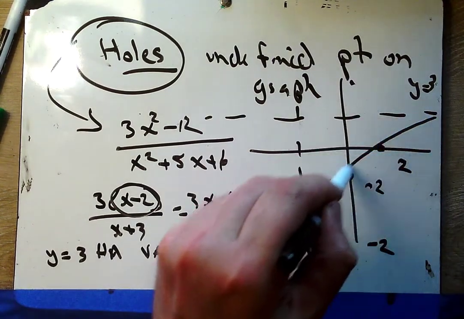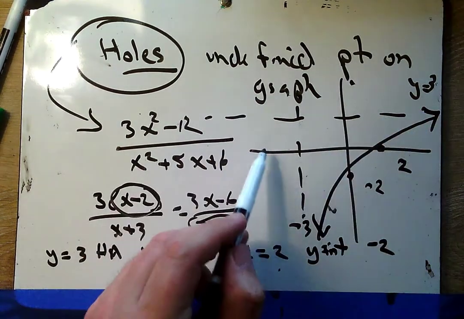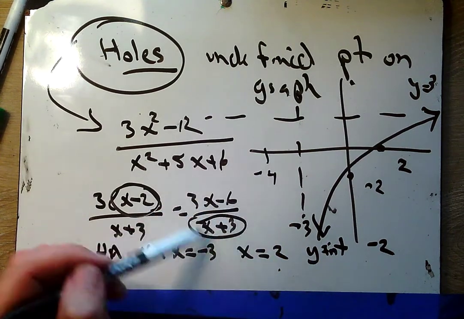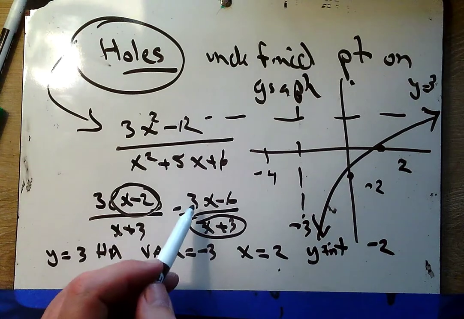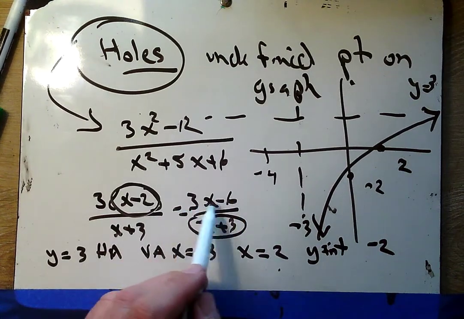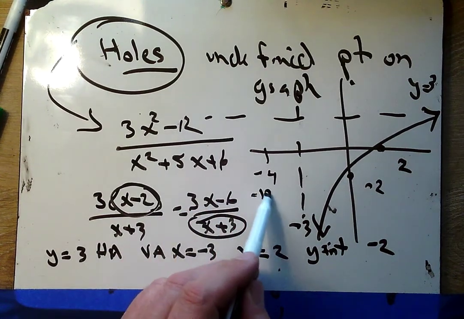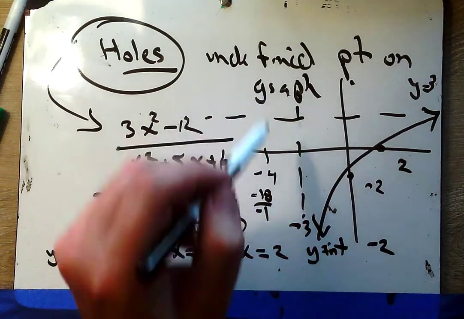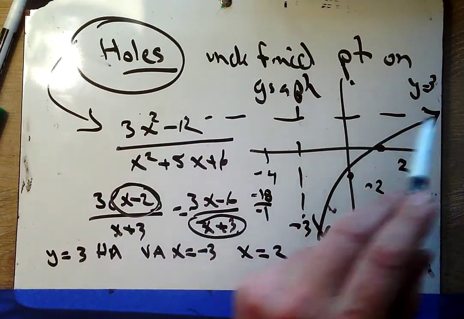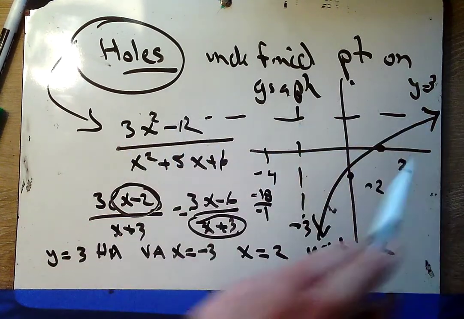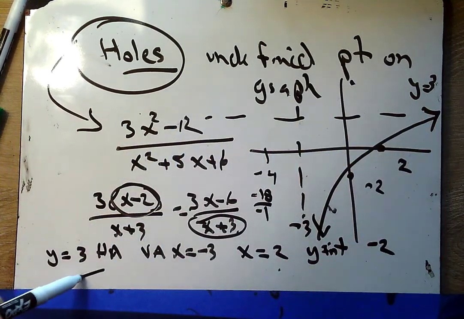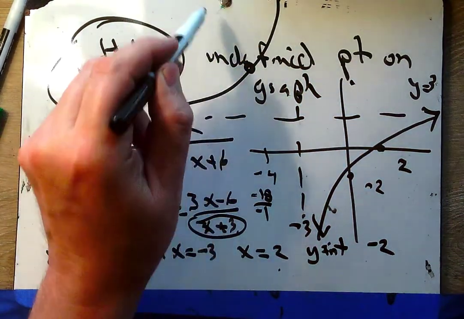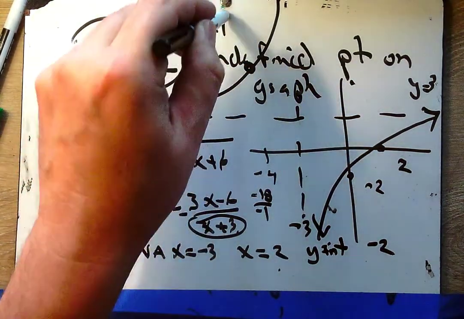And then over here, a test point, negative 4. You can use either the simplified version or the original version. Negative 4 times 3 is negative 12, minus 6 is negative 18, and negative 4 plus 3 is negative 1. And so I get positive 18. Positive 18 is definitely above this horizontal asymptote at 3, so my graph is going to go here, and we're going to have negative 4 and 18.